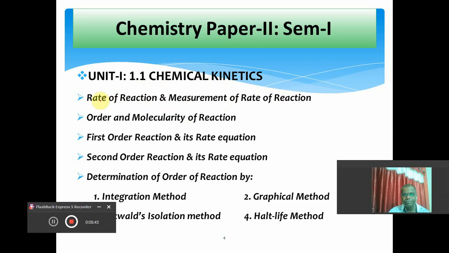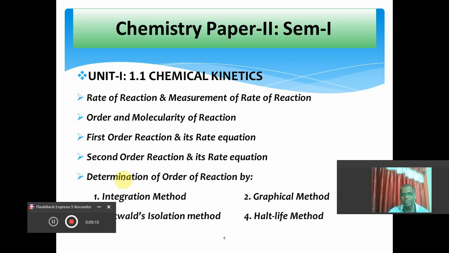Dear friends, I already told you the structure of the syllabus in chemistry paper 1 and chemistry paper 2 is exactly identical. Either chemistry paper 1 or chemistry paper 2 will contain 3 units: unit 1, unit 2 and unit 3. It means that in one semester we have to complete the 3 units.